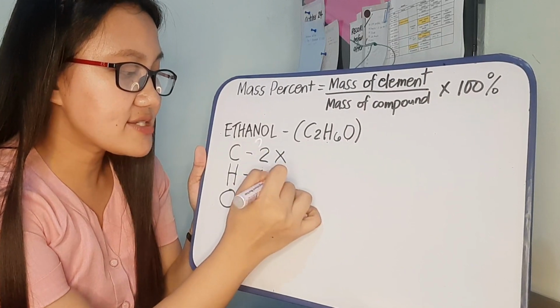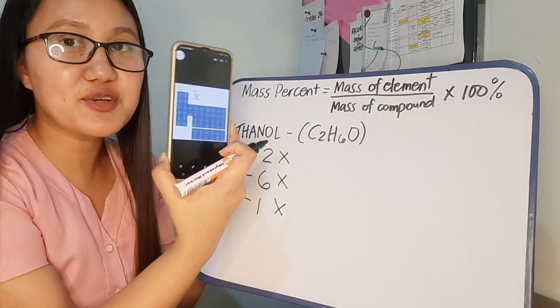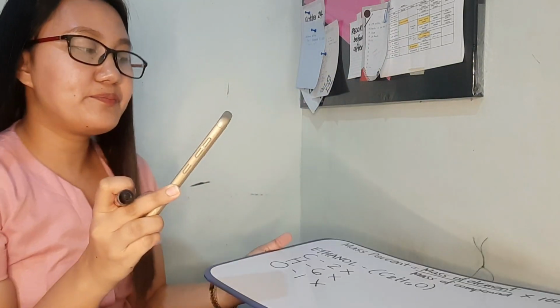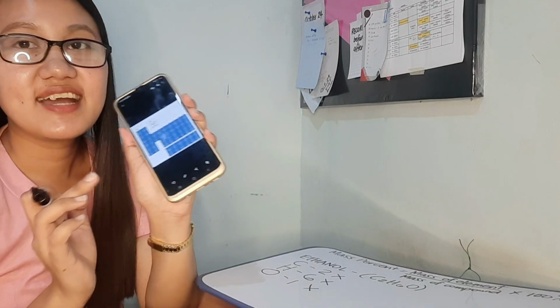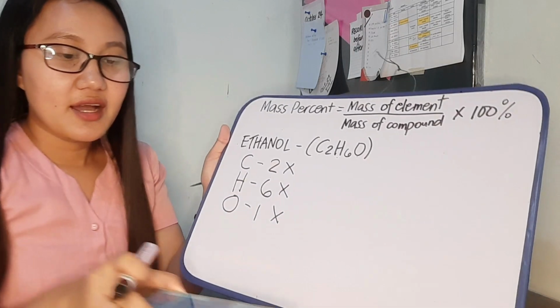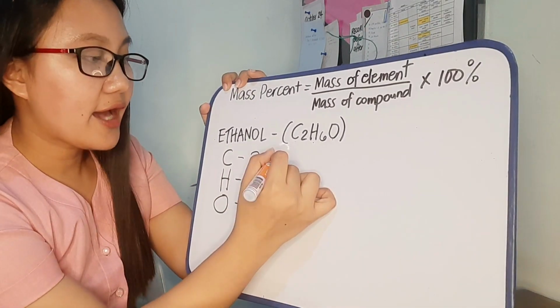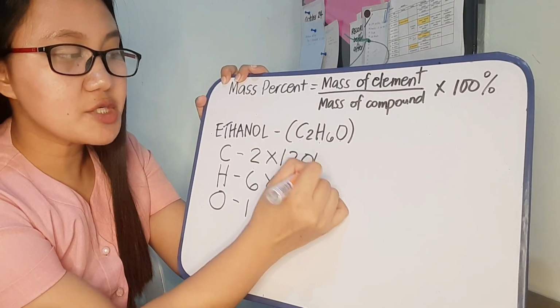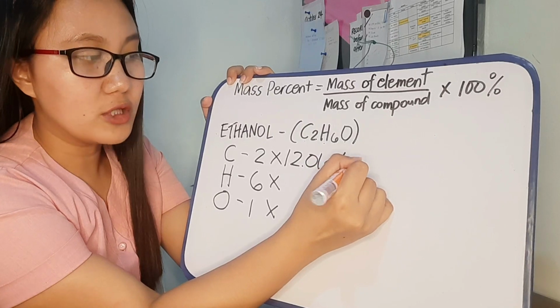Okay, so for example, since wala akong periodic table ngayon, nagkuha na lang ako ng picture ng atomic mass ng bawat element. Okay, so dito ko na lang siya titingnan. Ang atomic mass ng carbon ay 12.01 at ang unit na ginagamit natin dyan is gram per mole.